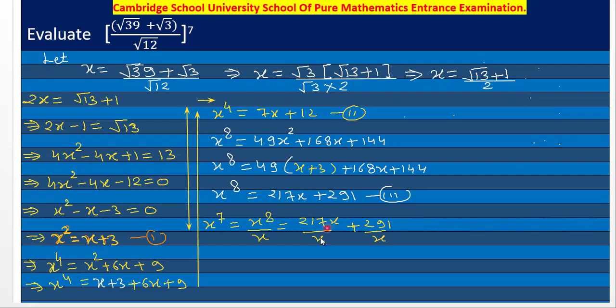This x and this x cancel out. So further we can write 217 plus 291 upon x.